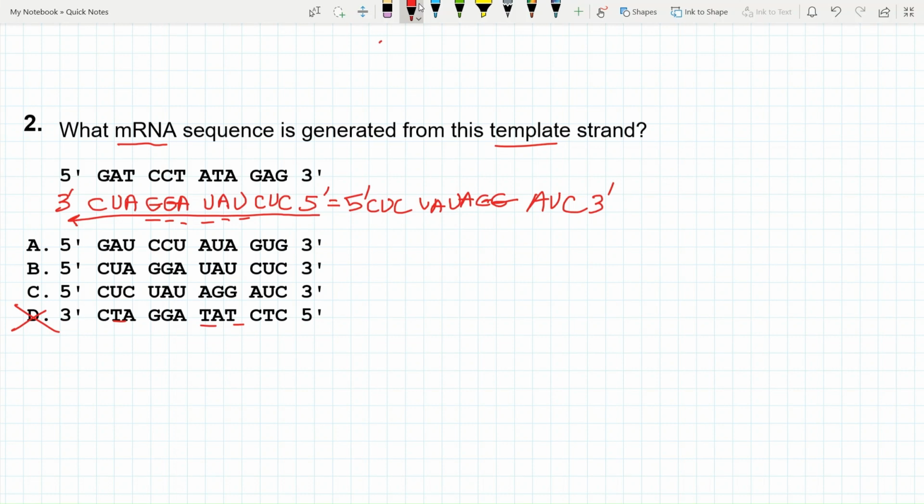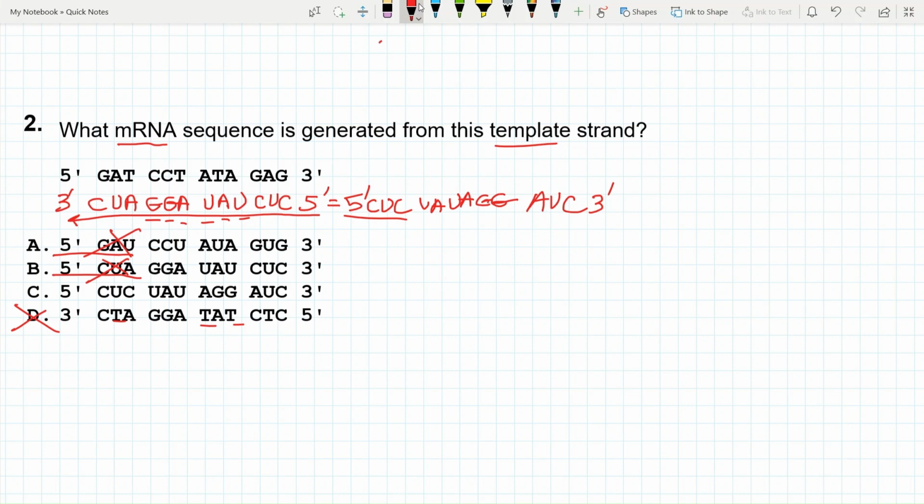If you don't see the answer in the way that you solved for it, just write it backwards and see if you can align it with one of the choices. So let's take a look. The first one has 5 prime GAU, that's not right. The second one has 5 prime CUA, that's not right.